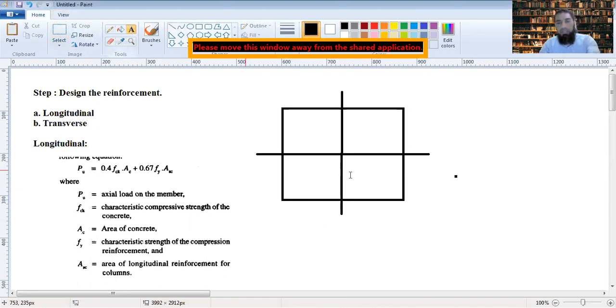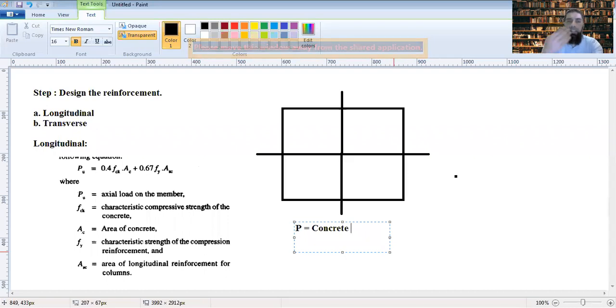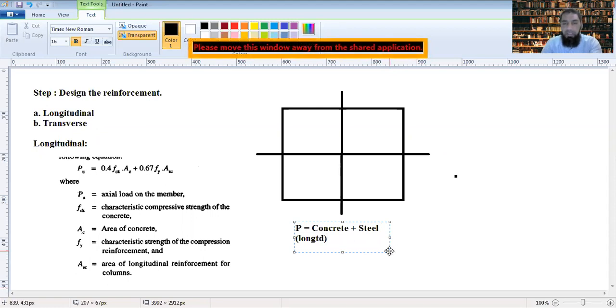In this case, eccentric axial load, the load which is acting on the column will be resisted, one, by the concrete, plus the second resistance will be offered by the longitudinal steel. This will be the longitudinal steel, and the longitudinal steel is the steel that's running throughout the length of the column.